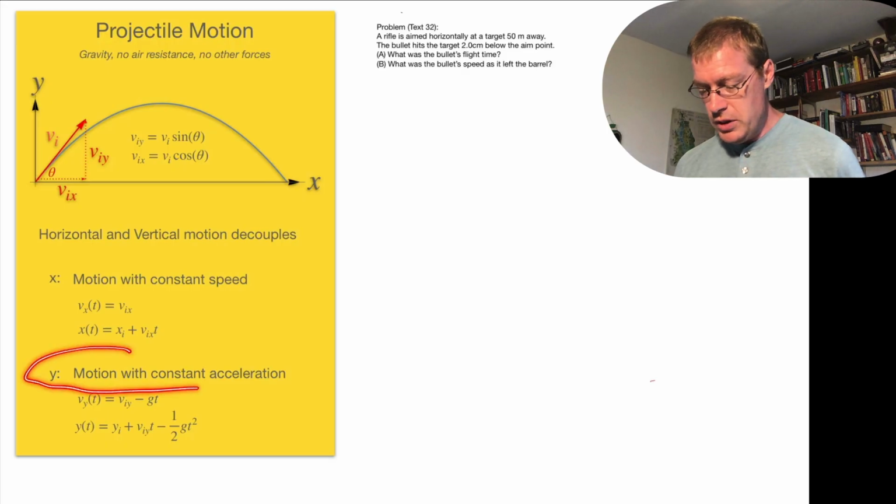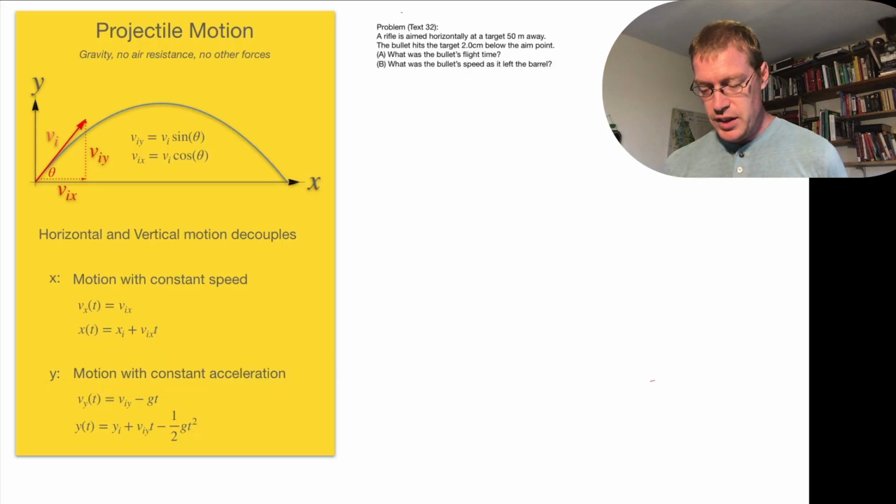The vertical motion is motion with constant acceleration, which means that the vertical velocity just changes linearly with time, and the vertical position follows a parabolic relationship with time. Here's a little sketch of a typical case.